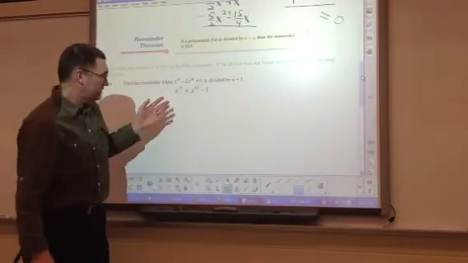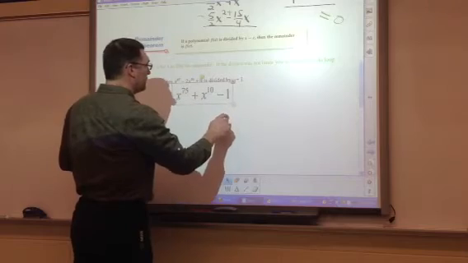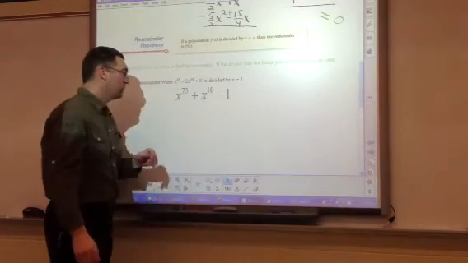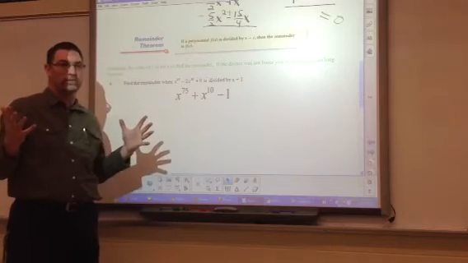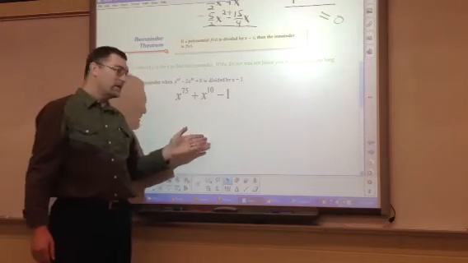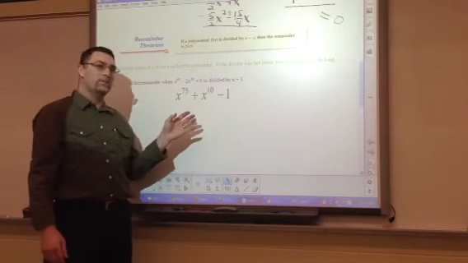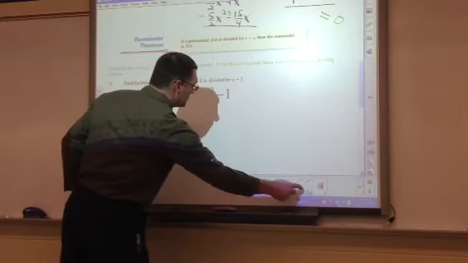I'm focusing on this one right here, and we're going to divide it by x plus 1. That x to the 75th is huge. If I tried to use synthetic division, I'd have a ton of zeros, it would be a big mess. It's really easier just to substitute.